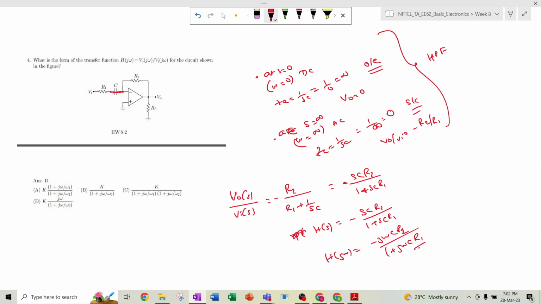The cutoff frequency will be written as 1 divided by R1C. So you can write it as minus J omega CR2 divided by 1 plus J omega by omega naught. The minus 1 and CR2 form the K, so it will be K into J omega divided by 1 plus J omega by omega naught. So this will be H of J omega.